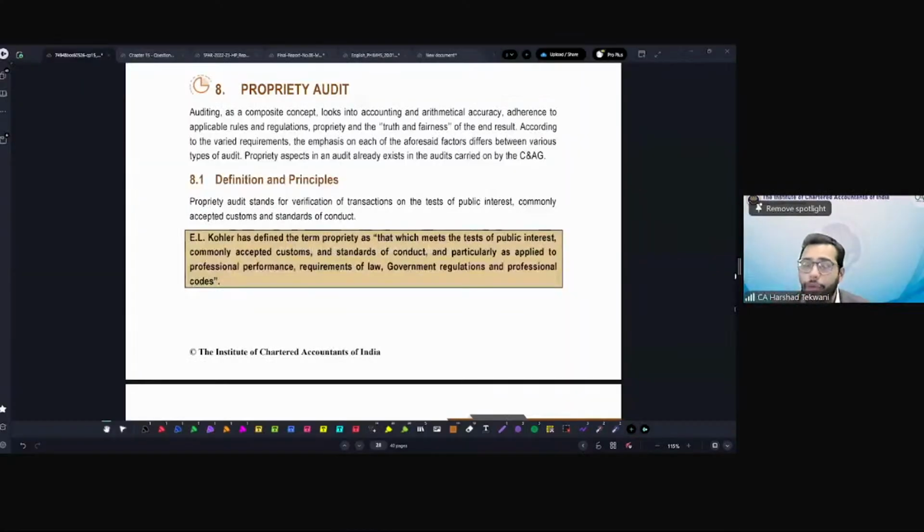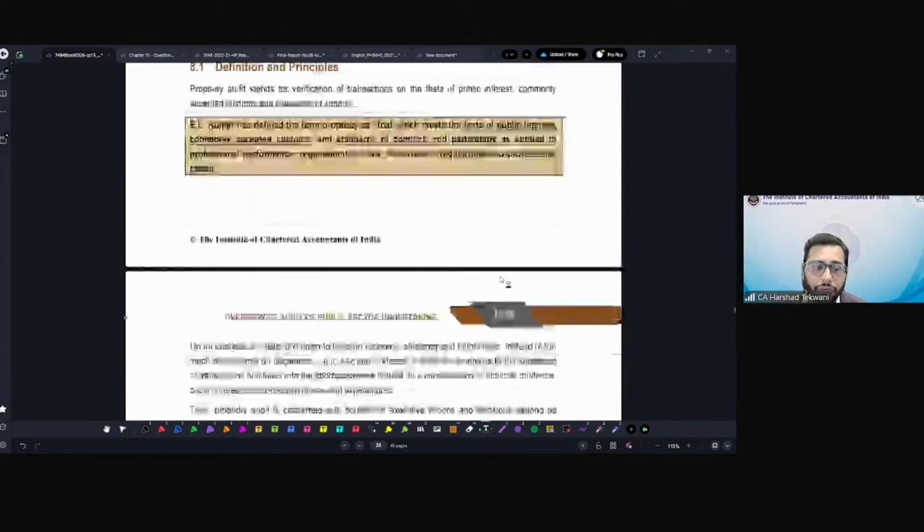Yeah. So basically, proprietary audit talks about the test of public interest, commonly accepted customs, and standards of conduct. That is, whether whatever is being done is in the public interest or not.